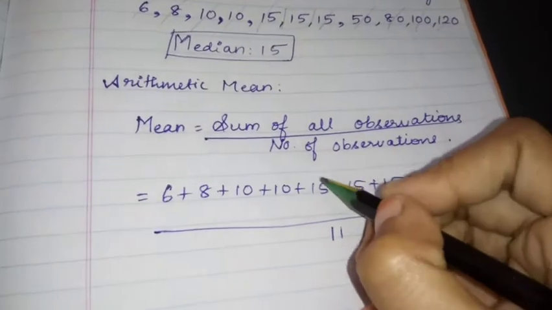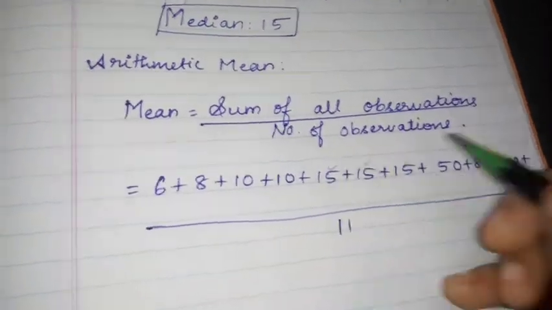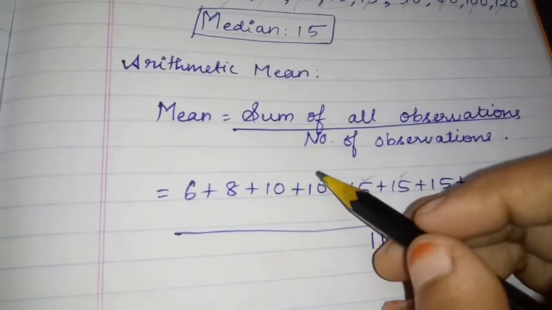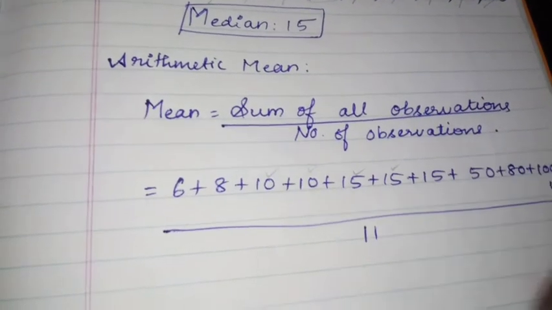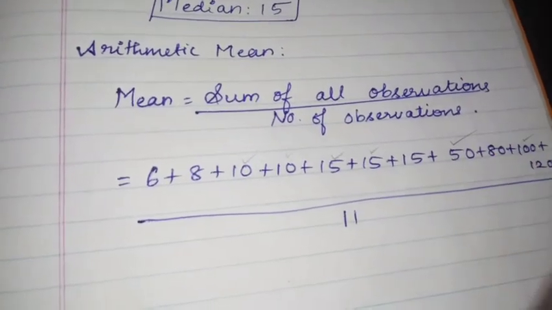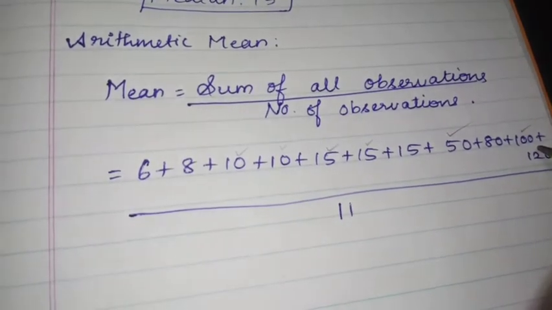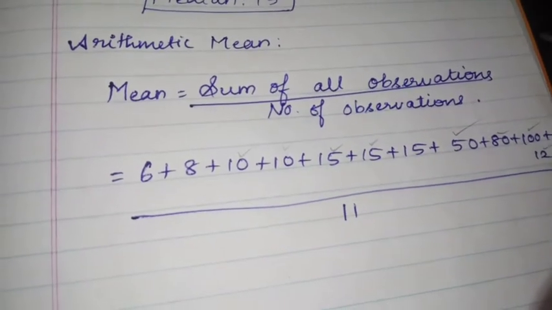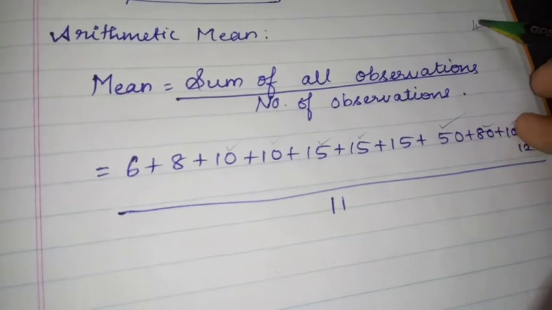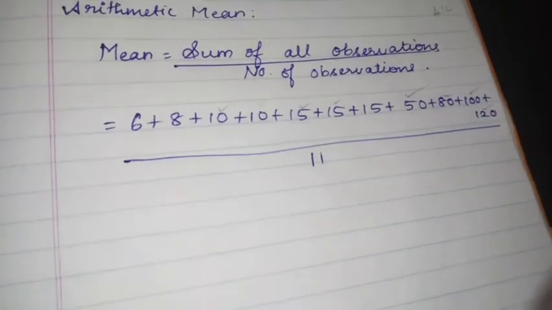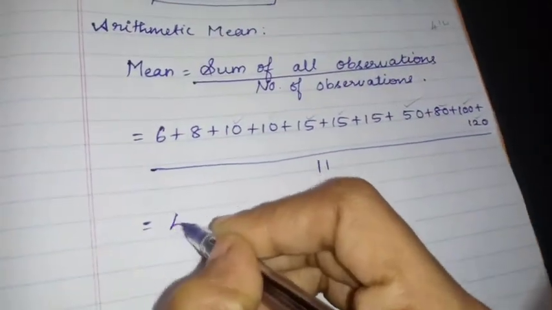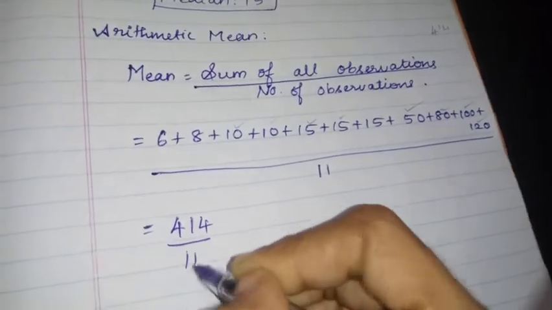Shall I add all those now? Yes. 50 plus 15 plus 15, 30. 30 plus 10, 40. 50, 100, 200, 300, 400, 414. Okay, what is the answer? 414 divided by 11.